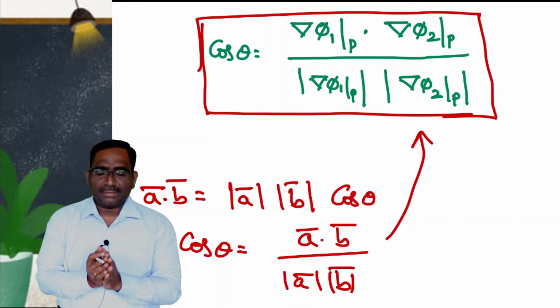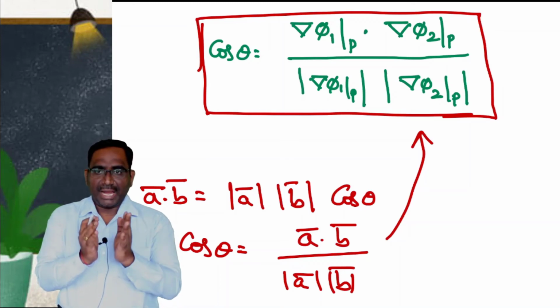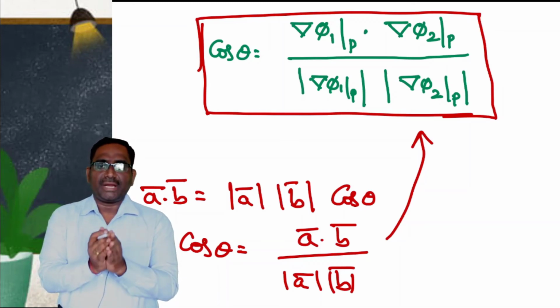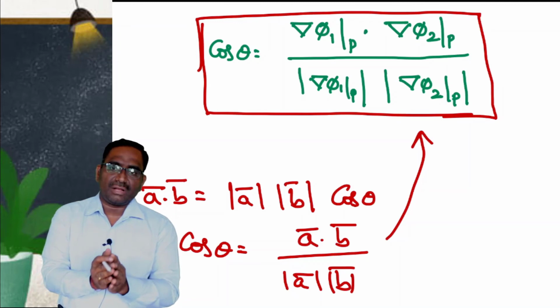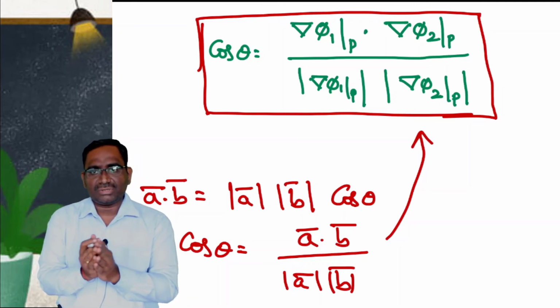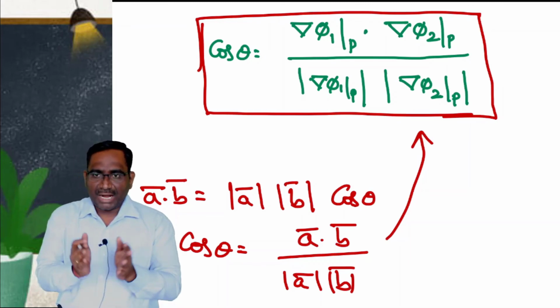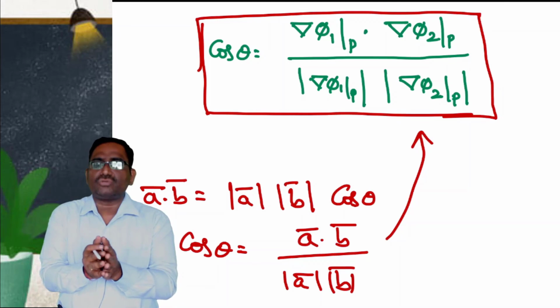And finally, the angle between two level surfaces means at that particular point, find out the normal vector for the first surface, find out the normal vector for the second surface, and take the angle between these two vectors.